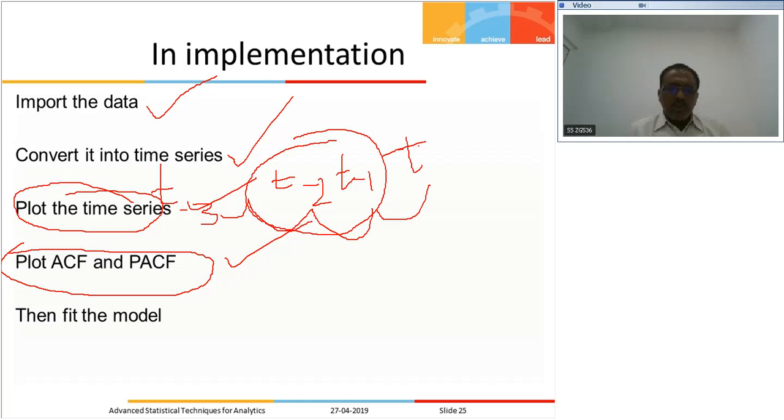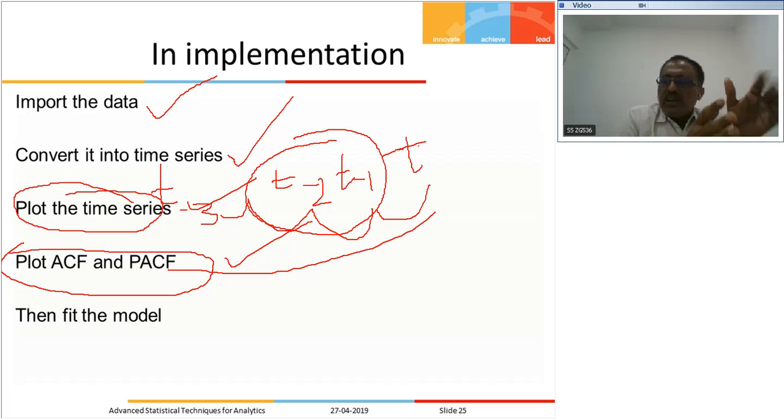Then we use PACF, the partial autocorrelation function. That is the difference between ACF and PACF. So ACF and PACF help us to understand the behavior of the data.